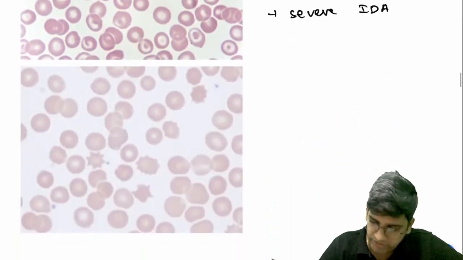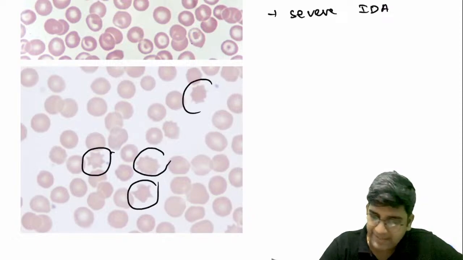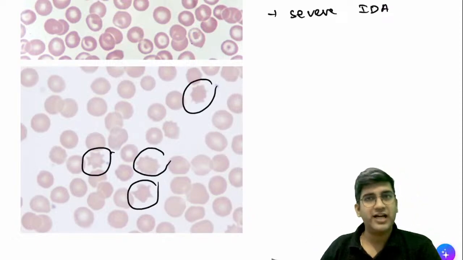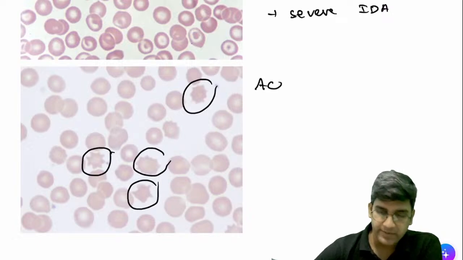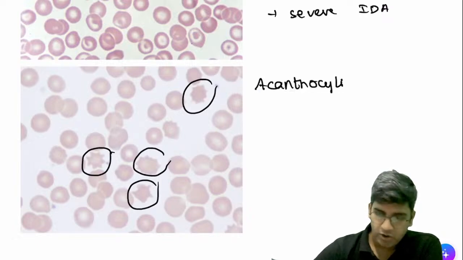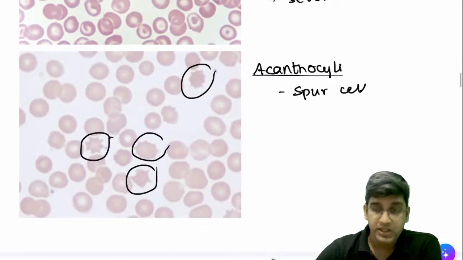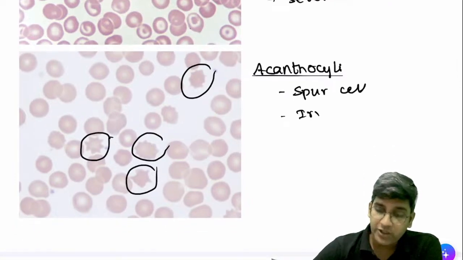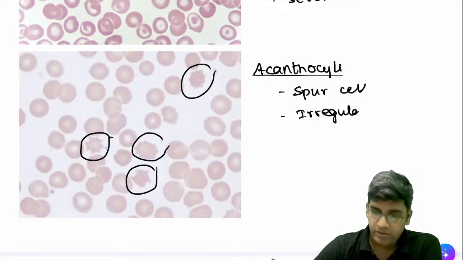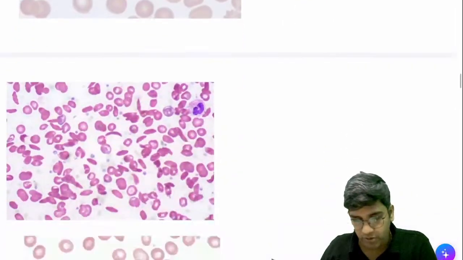Okay, this one here, the spikes here are regular or irregular on the RBC? They are irregular spikes. So we call it an acanthocyte or a spur cell. Spur cell is different from a burr cell, right? These are irregular projections. Rahul, I'll show you a burr cell also.